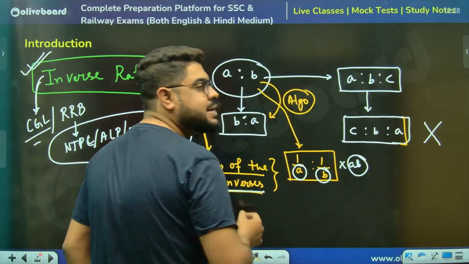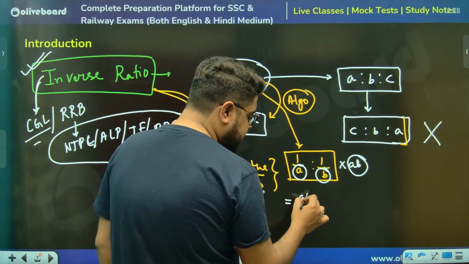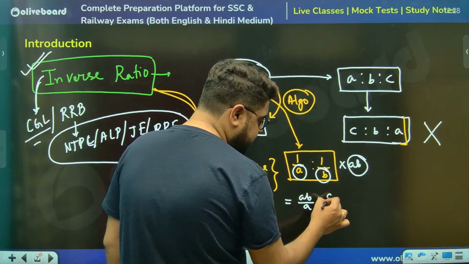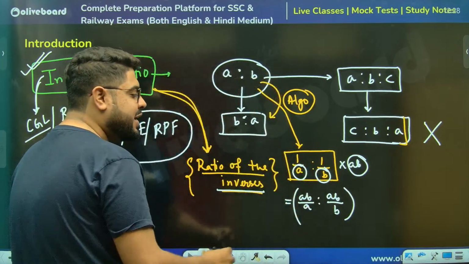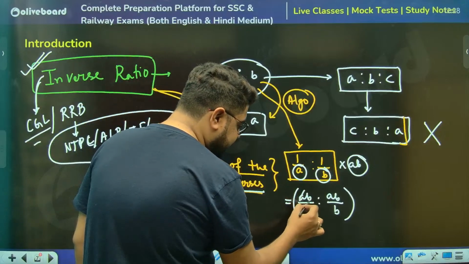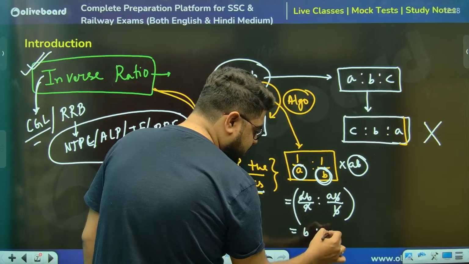Here AB is the LCM. So I'm multiplying the ratio with AB: AB by A ratio AB by B. A cancels with A, B cancels with B.